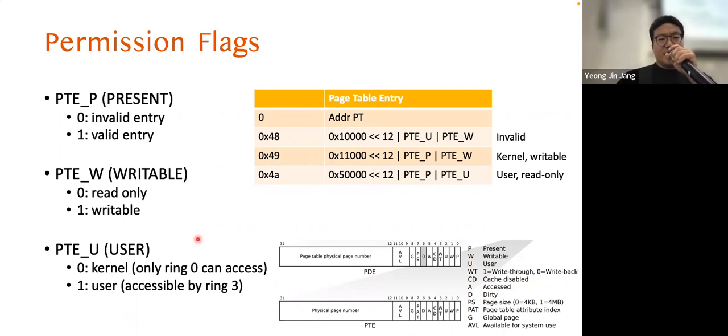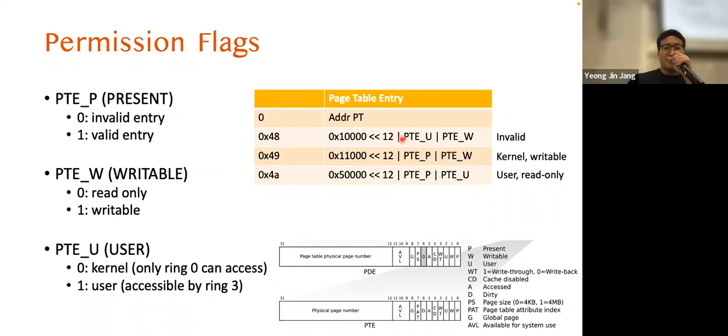And these bits I just put like this. In the page table entry, they will refer to this one. Then we will have a physical page number like this, but the page number will be shifted 12 bits because we will not use the lower 12 bits.